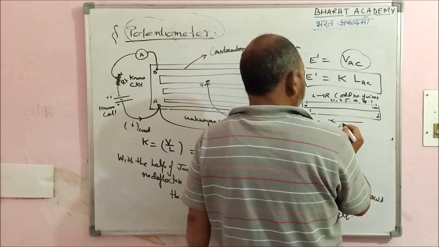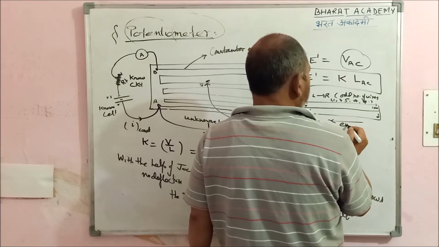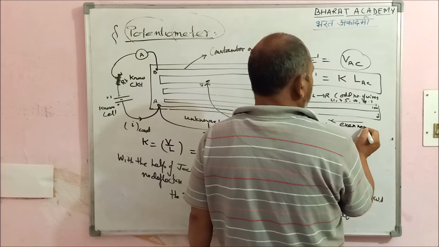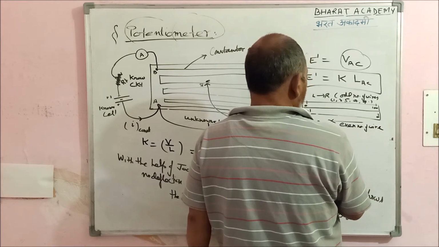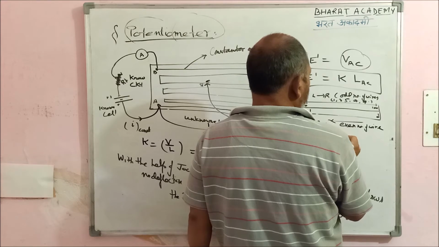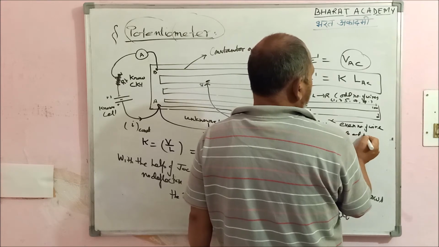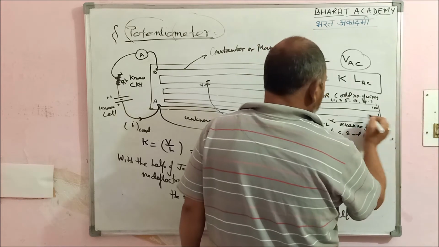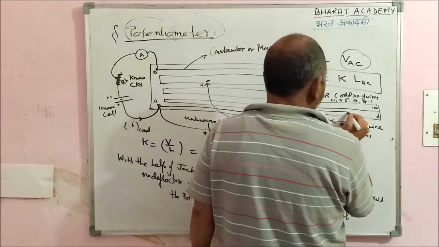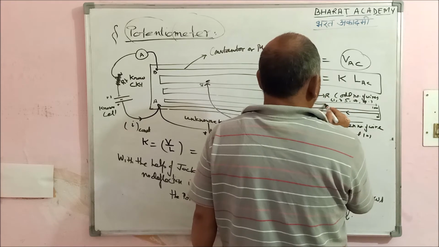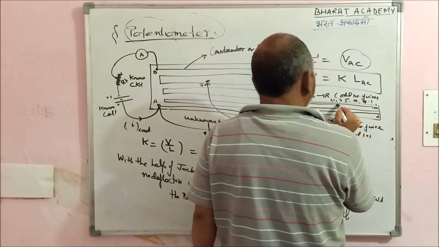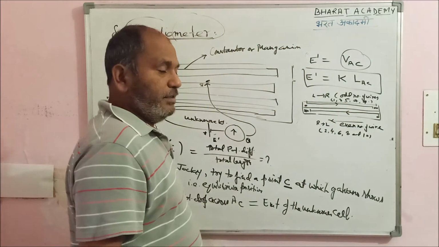This is for even number of wires. The null point is on an even number, that is 2, 4, 6, 8 and 10. We will measure the scale from where? Right to left. For odd, we will measure from left to right.